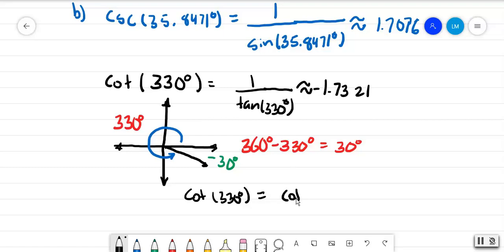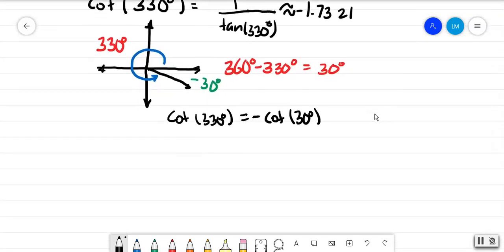So we have cotangent of 30 degrees. However, it terminates in the fourth quadrant, so all students take calculus, so that means that it's going to be negative. Well, in that case, you could say negative 1 divided by tangent of 30 degrees. Now, again, the whole purpose of this is what if you needed the exact value?